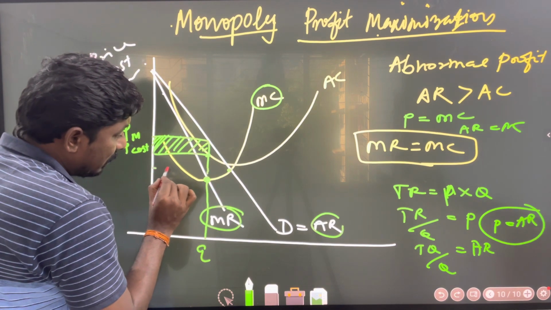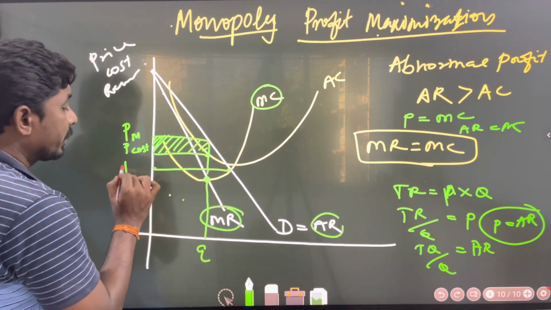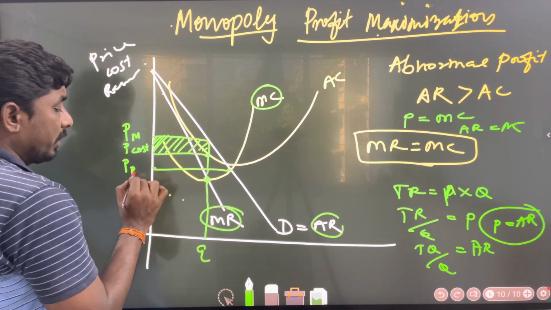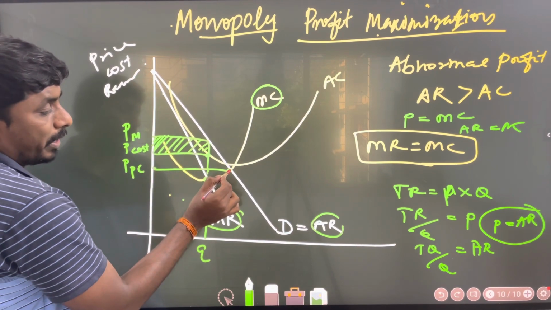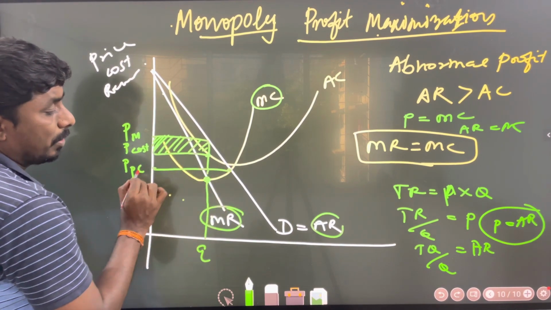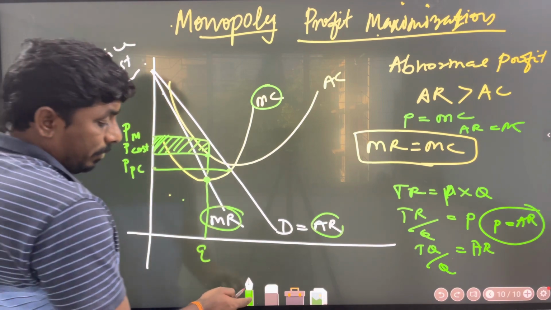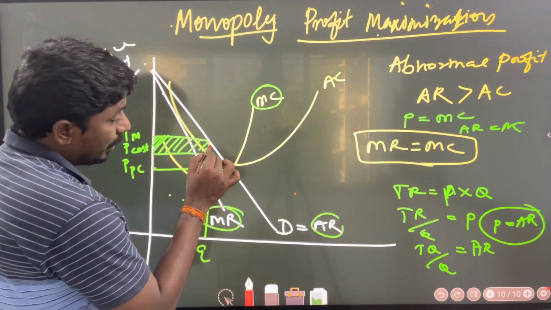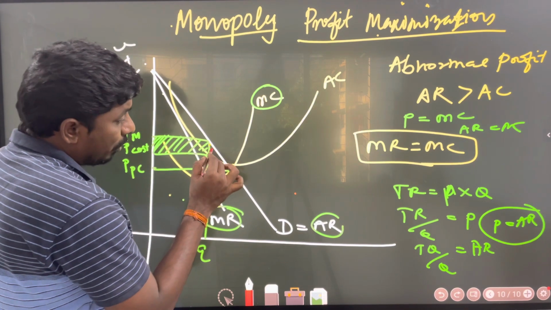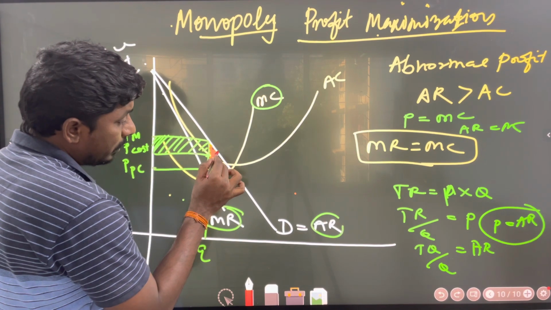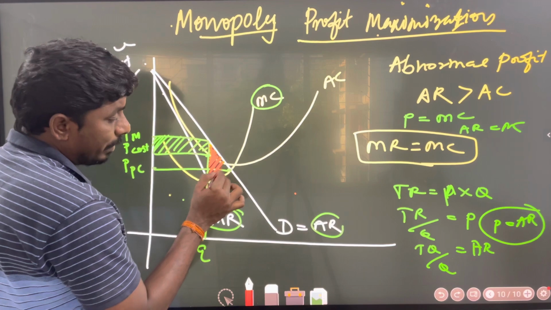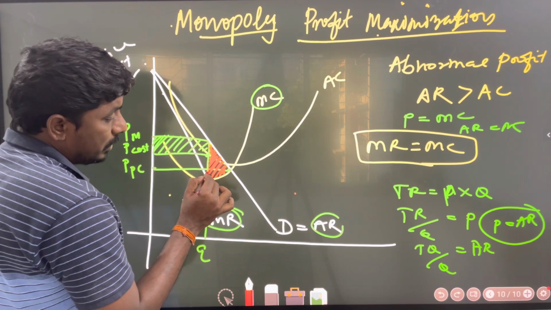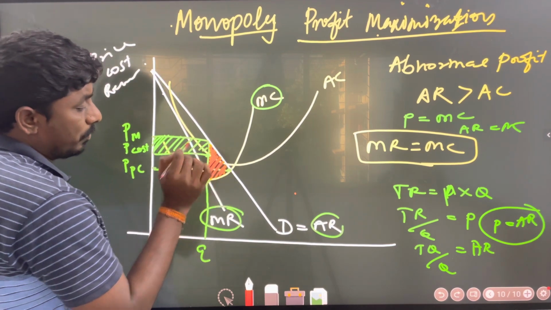This point is said to be the perfectly competitive price, and welfare loss will be created below the demand curve. Look at this portion, this portion is said to be the welfare loss.